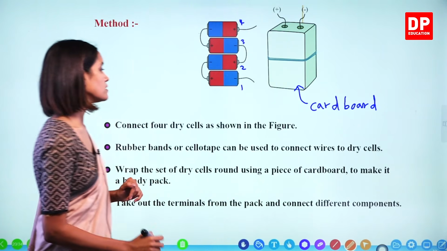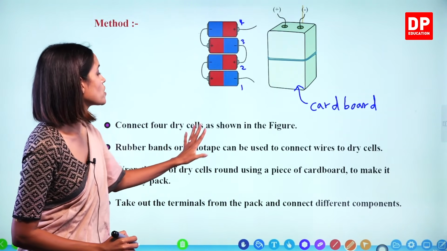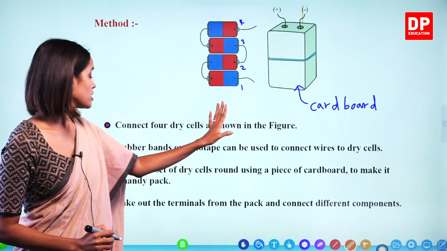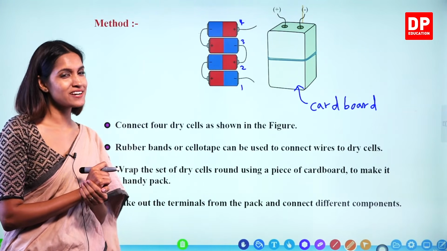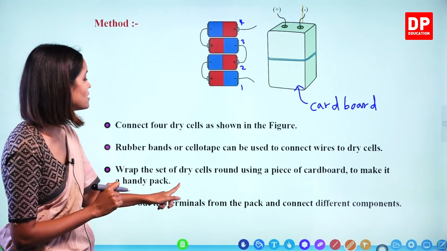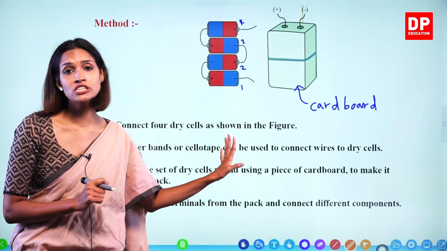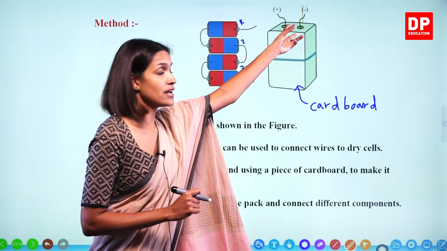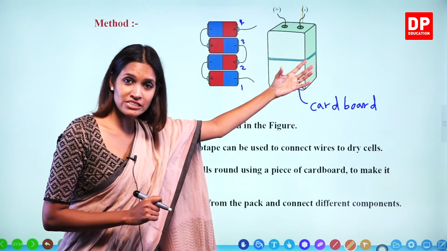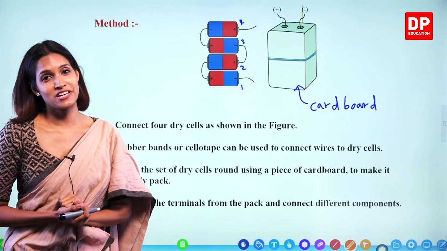Wrap the set of dry cells round using a piece of cardboard to make it a handy pack, so it is easy to use when you cover it, right? And take out the terminals from the pack and connect different components. You can check by connecting a light bulb or a motor or an ammeter likewise.